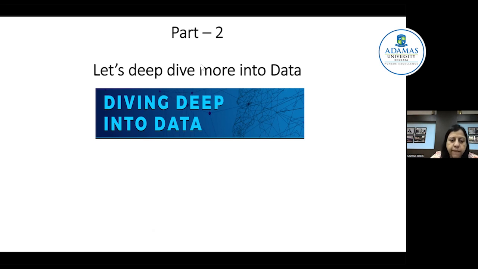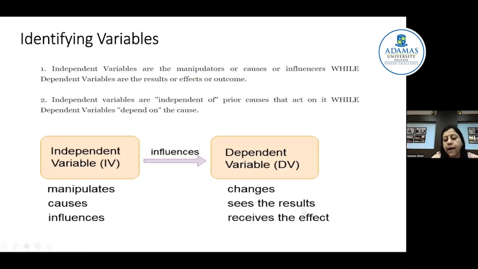Okay, sure. So now let's move into taking a deeper dive into the data sets, how we can analyze or how we can look into the data. So let's move into understanding the variables of our study.